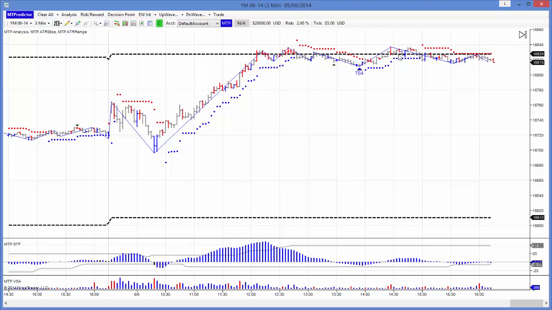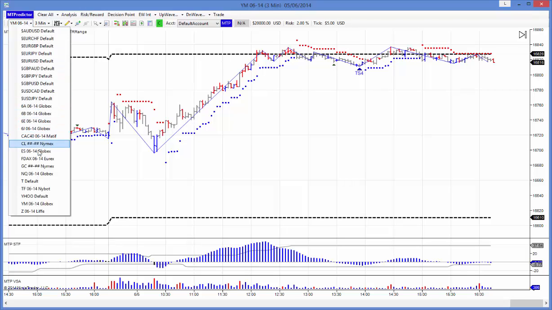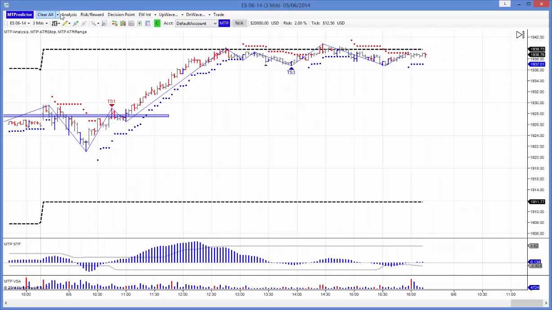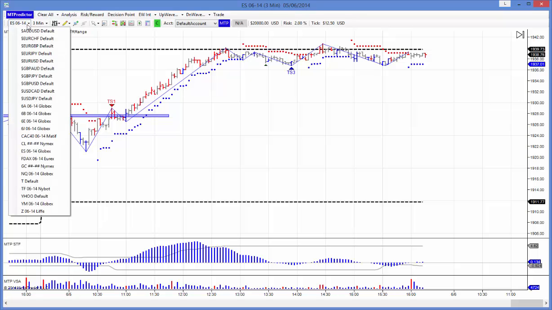As you can see, the high of the YM yesterday, and actually if you do it on the ES, it's exactly the same. If I just do it on the ES, it gives you an even better example. The ES comes in here, just clear that off, and comes in on the high of the day there as well. This just gives you an indication of the typical likely move of the market in that particular day.